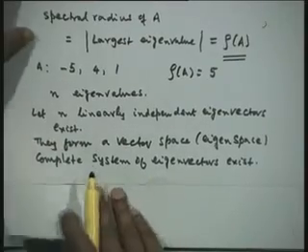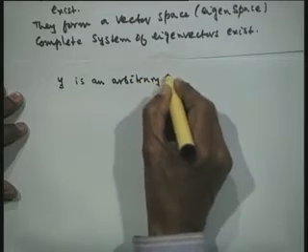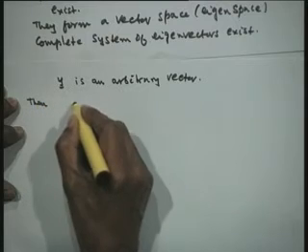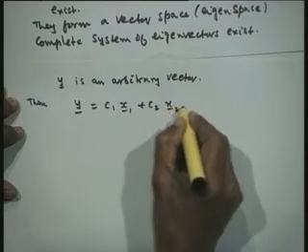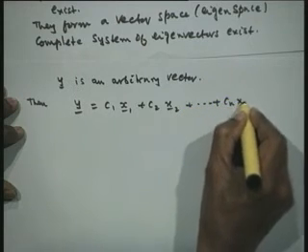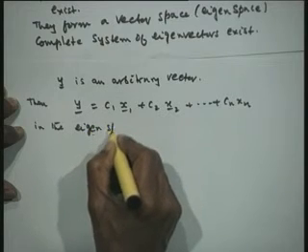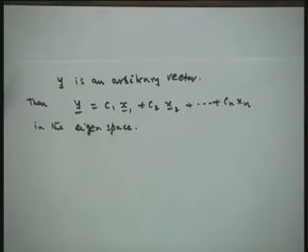So, if y is an arbitrary vector, then I can always write y as c1 x1 plus c2 x2 and so on up to cn xn in the eigenspace. This is a very important concept for us, which we shall be using while constructing the numerical methods for finding the eigenvalues.